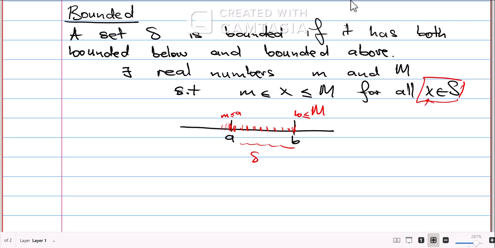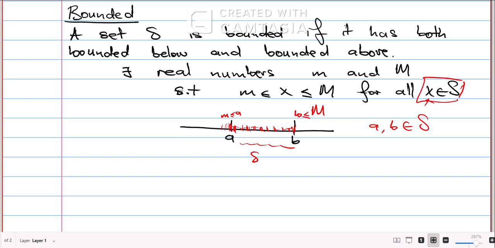So A is the element of S, B is the element of S. A and B are elements of S. This is the same thing, but x represents all these values here. Now this a and b, we're talking about the individual now. So this is the lower bound and the upper bound. So this set is bounded below and it's bounded above. Now we call this set a bounded set.